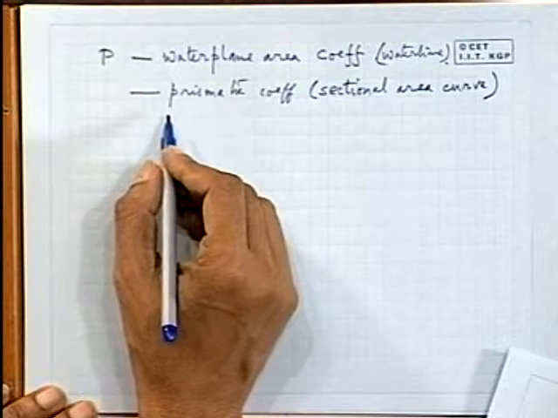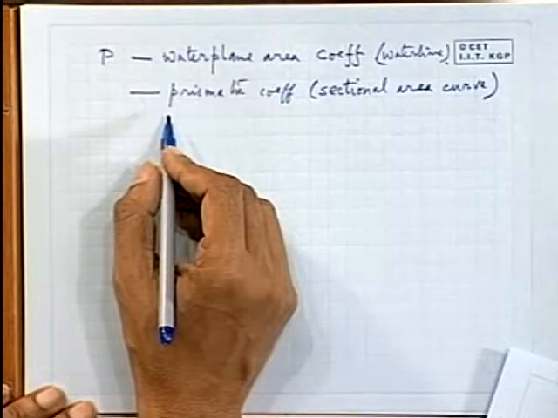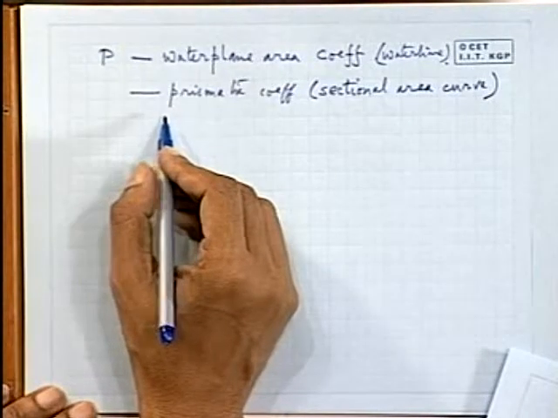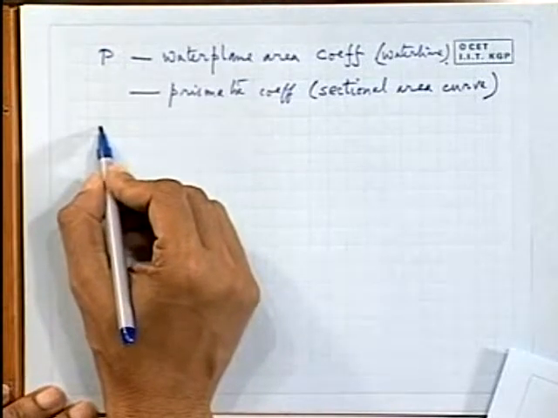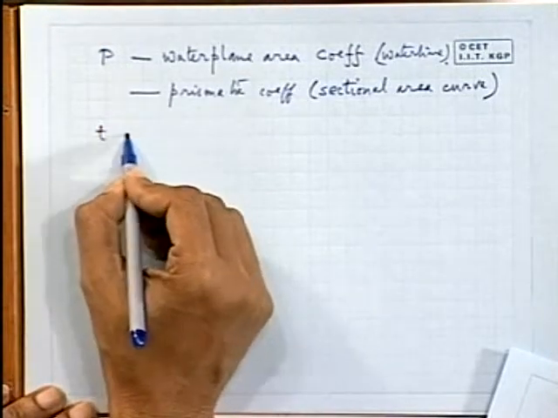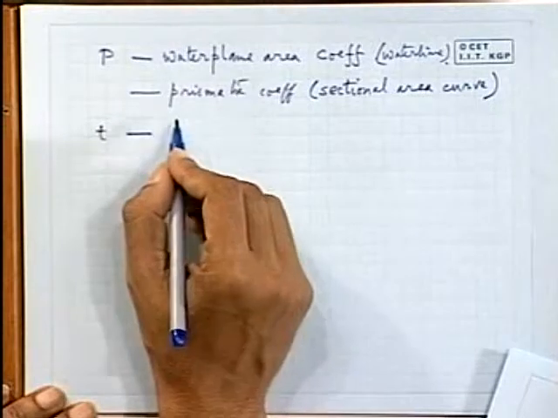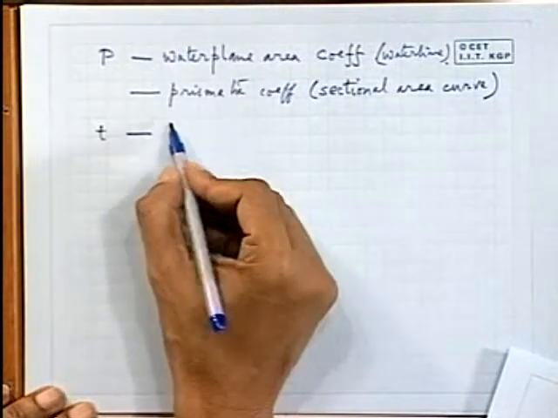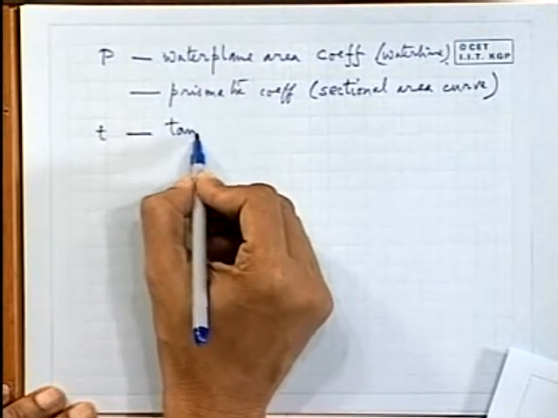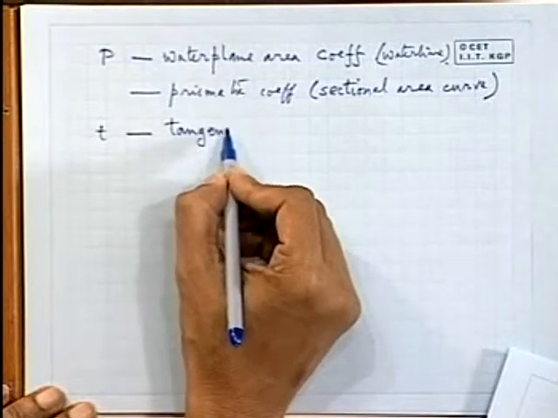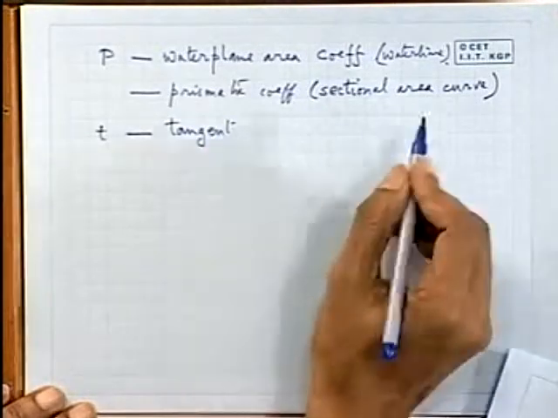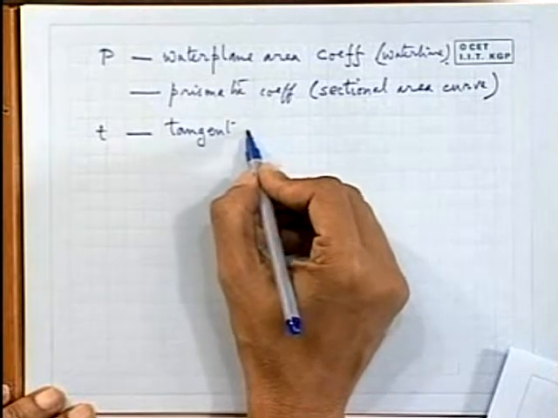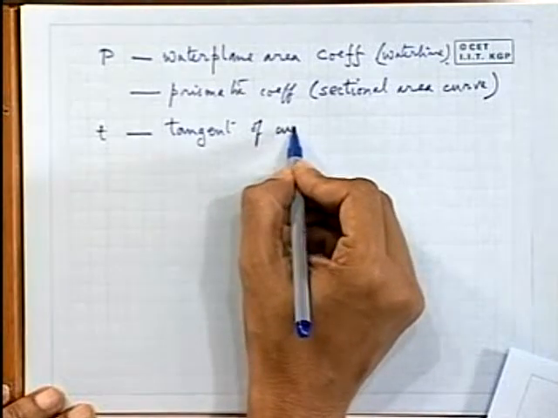Now next, another item we have got is T. The T is nothing but tangent or slope of the curve, tangent of both waterline as well as sectional area curve.